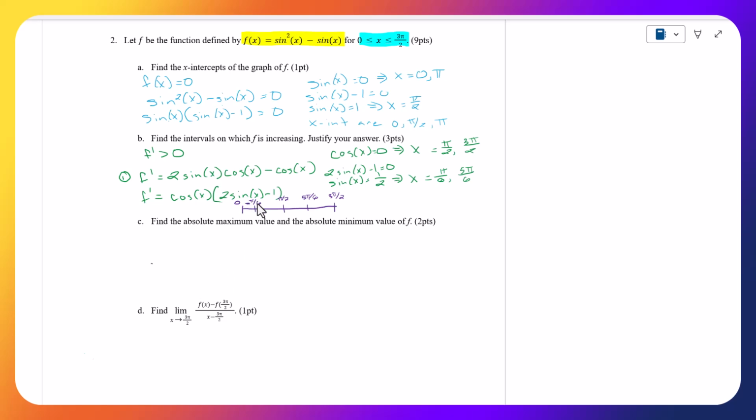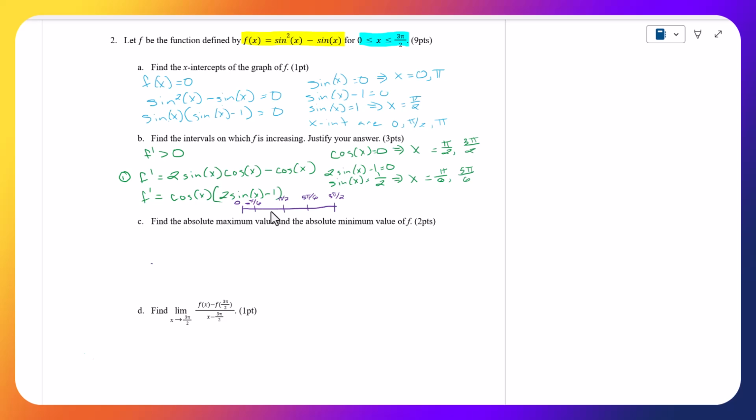And then from pi over 6 to pi over 2, I'm going to do this two ways. The first way is the more methodical way. I just want a number between pi over 6 and pi over 2. I could choose pi over 4, but I know the pi over 4 is going to give me root 2 over 2 for cosine or sine, and I don't really know radicals that well off the top of my head.